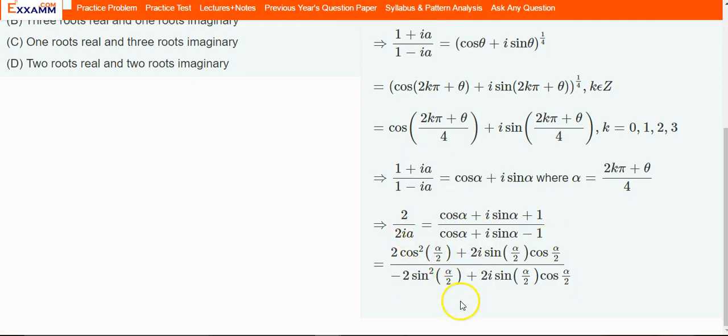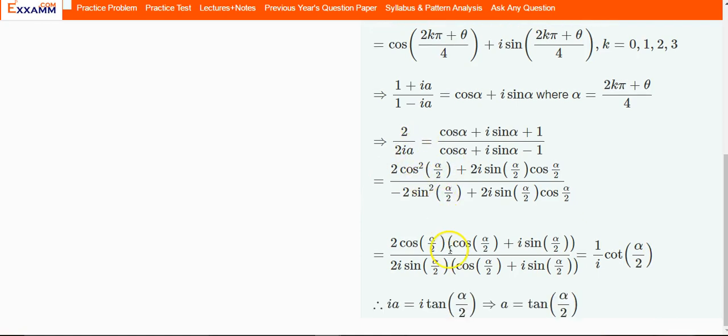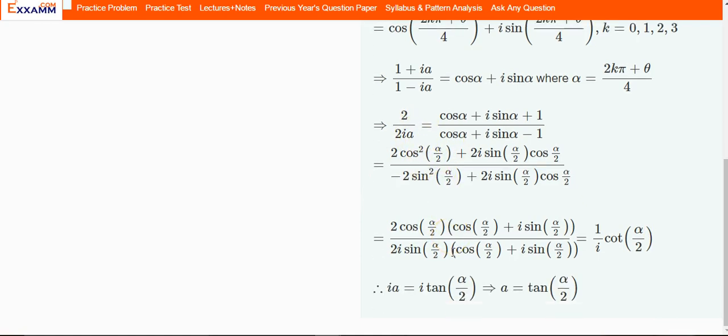So solving this, we will get the answer to be 1 upon i cot alpha by 2. So this is the value of 1 upon ia. So a is equal to tan alpha by 2. Here, a would become tan alpha by 2. We know the value of alpha, (2k pi plus theta) divided by 4 for k equal to 0, 1, 2, 3.